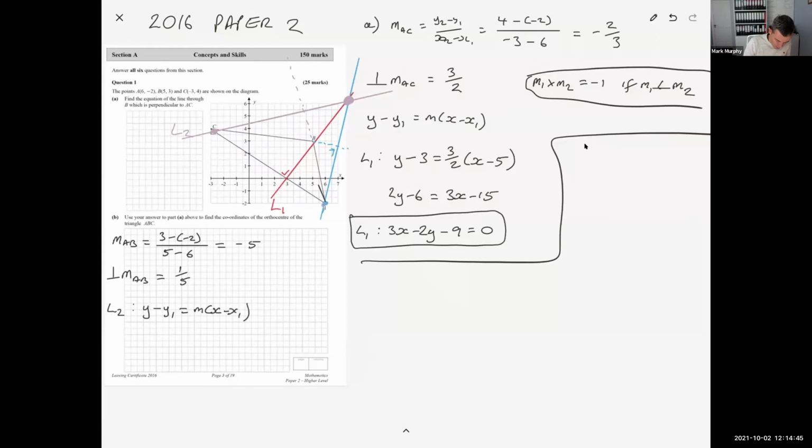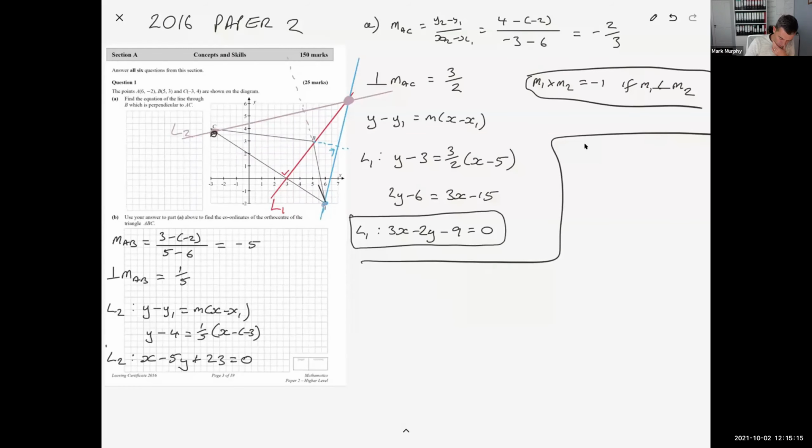So in this case, it's y minus y1, which is 4, and the slope is a fifth, into x minus 3. Because the point I picked here was C, because you know that the line goes through C. Working all that out, then you get L2 is equal to x minus 5y plus 23 equals 0.